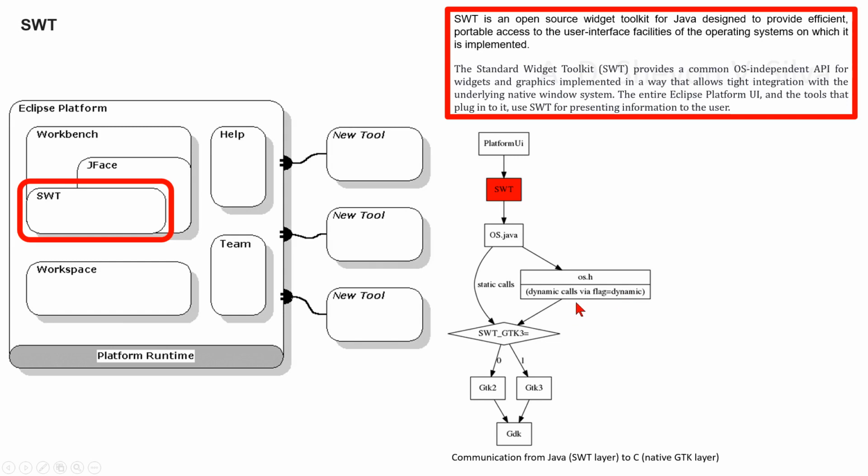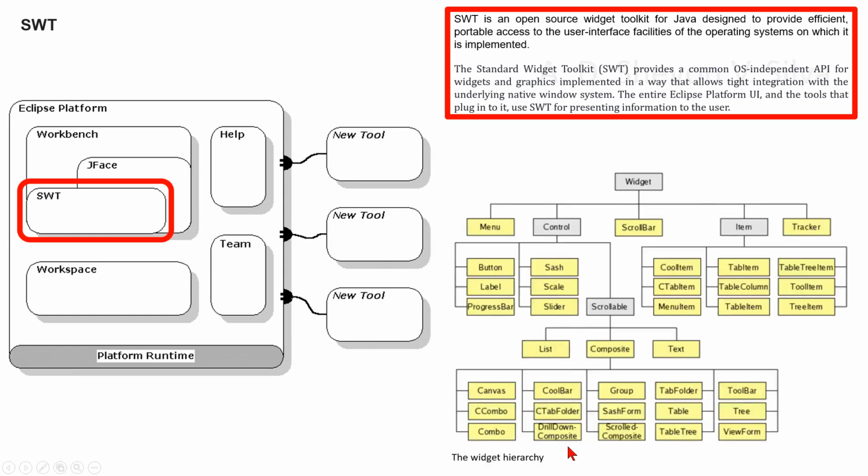And os.h is connected to SWT_GTK3 selections. If SWT_GTK3 equals 0, then it's connected to GTK2. If SWT_GTK3 equals 1, it's connected to GTK3. GTK2 and GTK3 are connected to GDK.